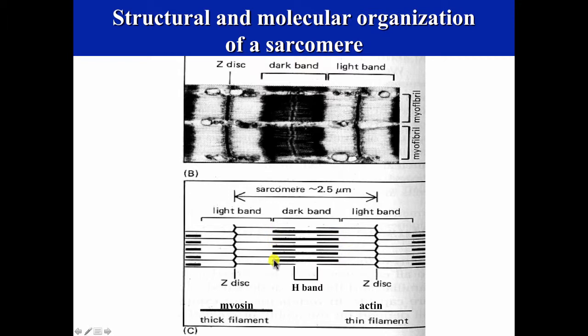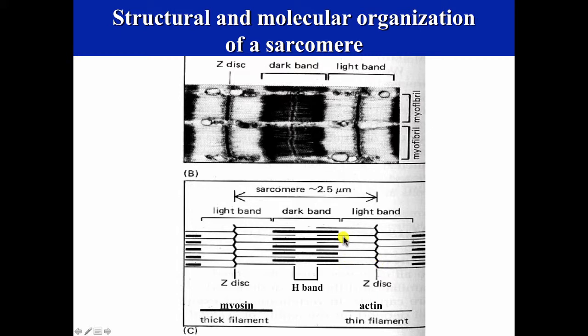The part of the sarcomere that contains myosin is known as the A band or dark band, and the part of the sarcomere that doesn't contain myosin is known as the I band or light band, and that is the band that is bisected by the Z disc.